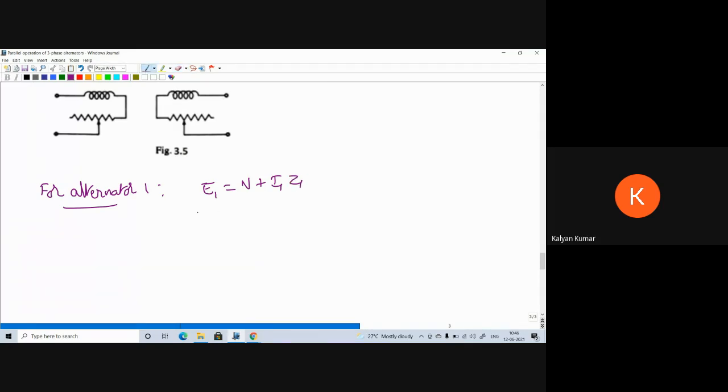So from this V equal to E1 minus I1 Z1, let it be equation 1. Similarly for alternator 2, V equal to E2 minus I2 Z2. This is for alternator 2.